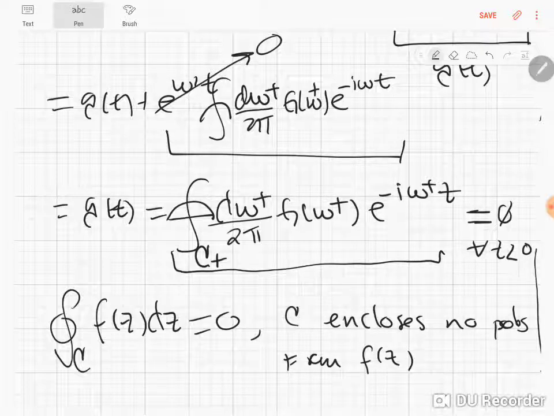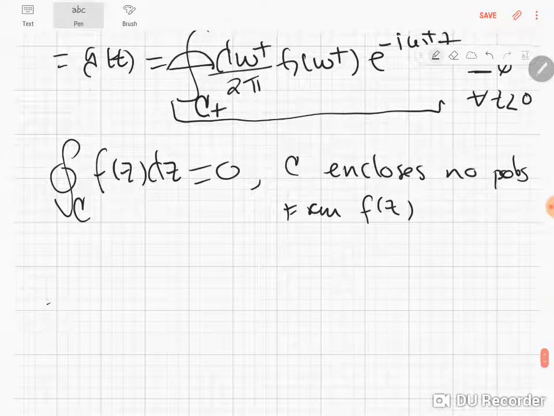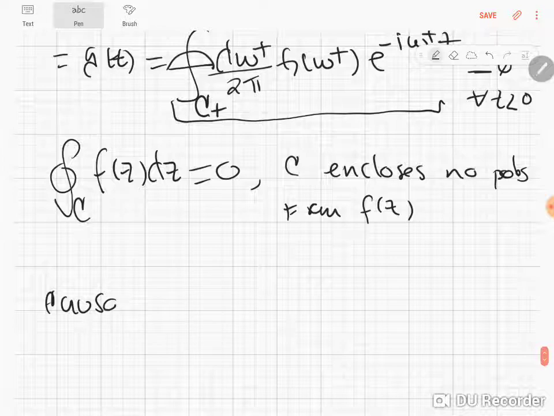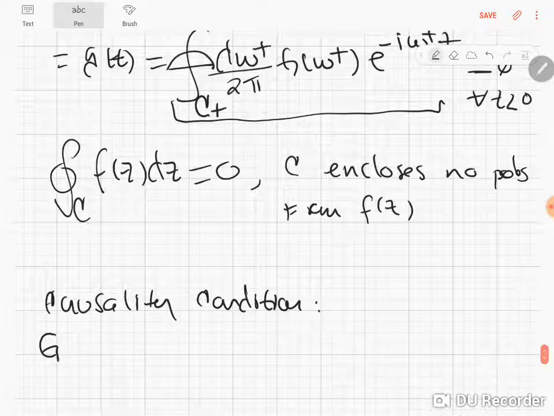From this, we derive the causality condition, which says that g of omega plus has no poles.